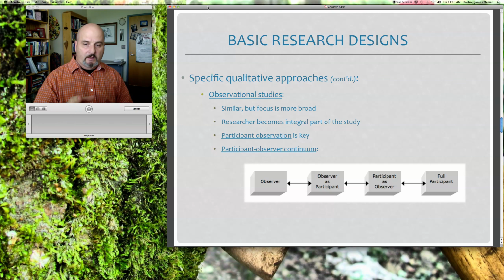Okay, the focus is more broad, meaning when you're observing, you are not necessarily just wanting to see what one person is doing. There's a term, and it's not very well known. It's called grokking. Grokking. And what grokking refers to is you're literally drinking in everything that is going on. That's the power of observation right here. Not just what is going on, but also what you're thinking about, what you're observing. Okay? More to come on that.